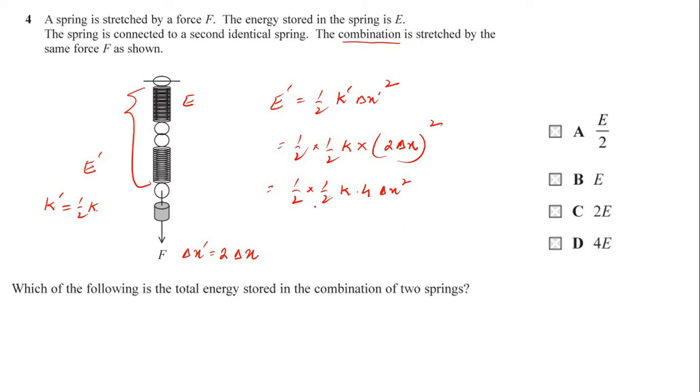Clearly this 2 and this 2 cancel, and finally you can rearrange it as twice of half k delta x squared. And half k delta x squared is the original energy, so the new energy stored is twice E. So your option must be C.